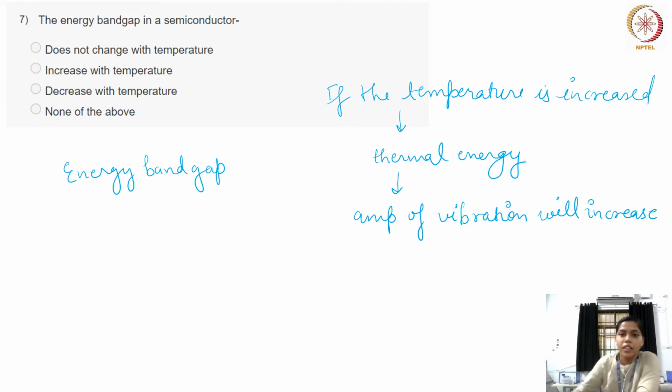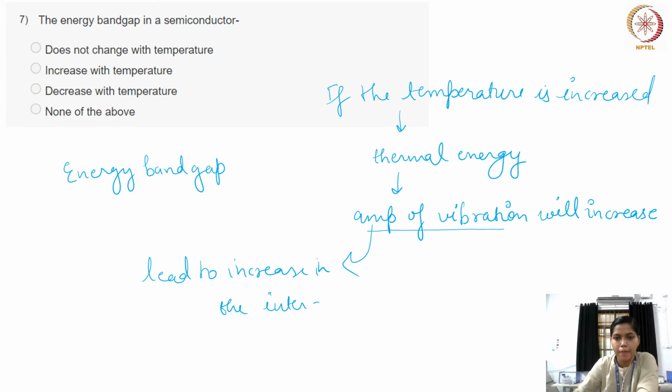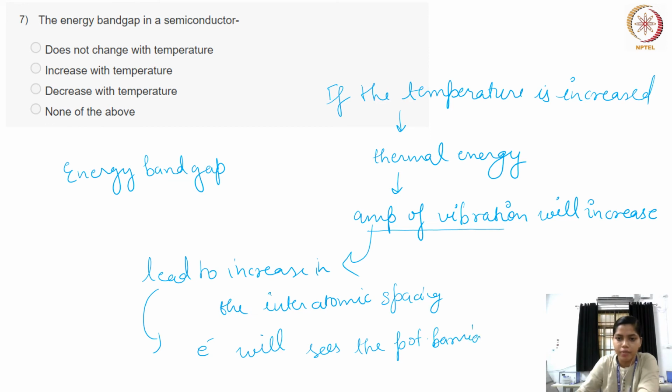So when this amplitude of vibration increases, it will lead to an increase in the interatomic spacing. And when the interatomic spacing increases, the electron will see a potential barrier with less height.